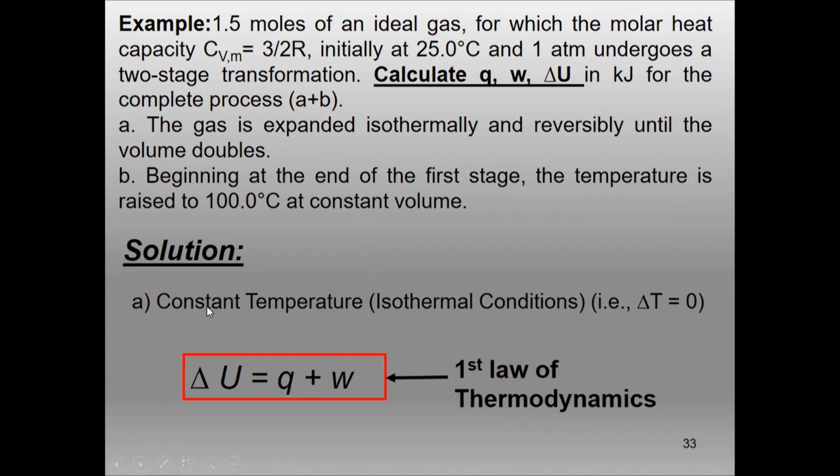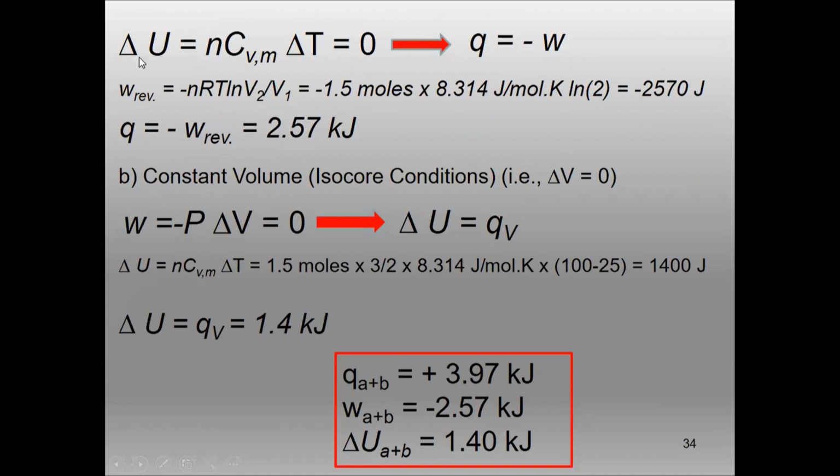For the first condition, we know already that if it's isothermal, delta U is 0. And Q equals negative W from the first law of thermodynamics. So for A, delta U is equal to 0, Q equals negative W.